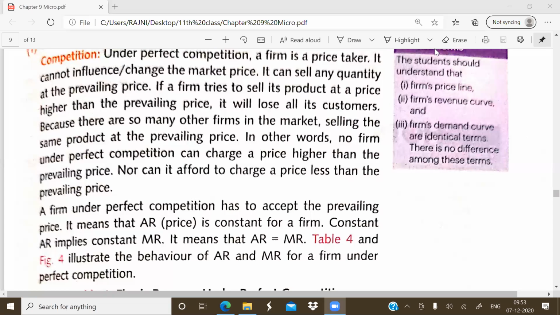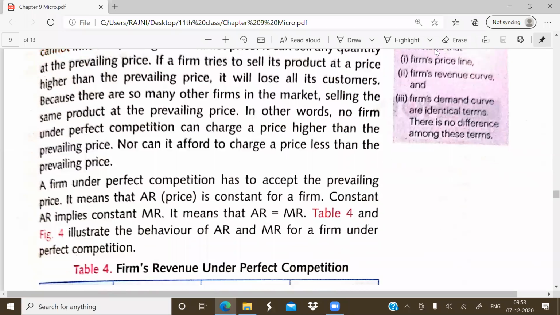That just creates a problem for the firm also. So no one firm under the case of the perfect competition can change the price. They will have to accept the price which is existing in the market.